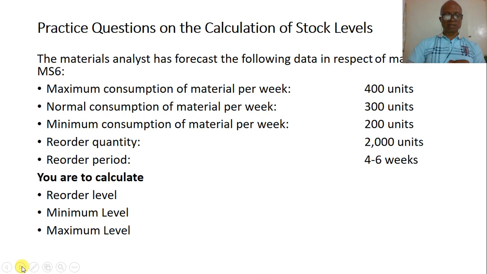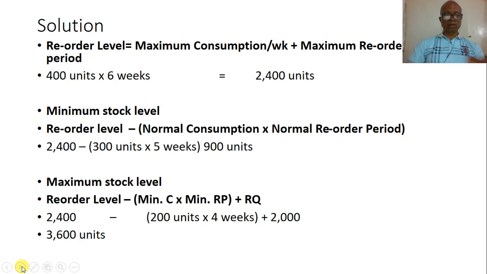The next one that we'll look at is the minimum stock level. We calculated this earlier on. What we needed to do was to multiply the normal consumption given by the normal reorder period. For the normal reorder period, we gave a band of 4 to 6. So all you have to do is add the two together and divide by 2 to get an average normal reorder period. That's where it is not given specifically.